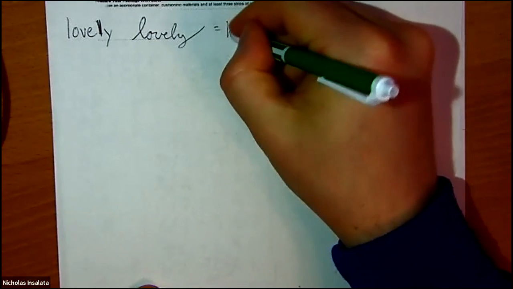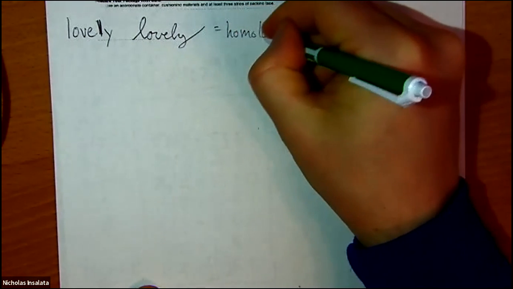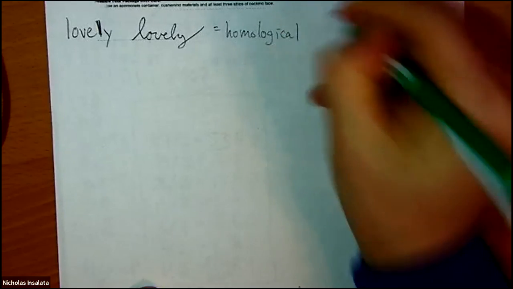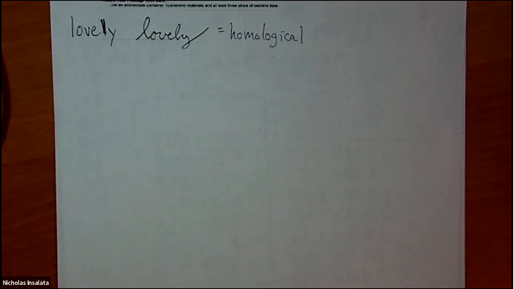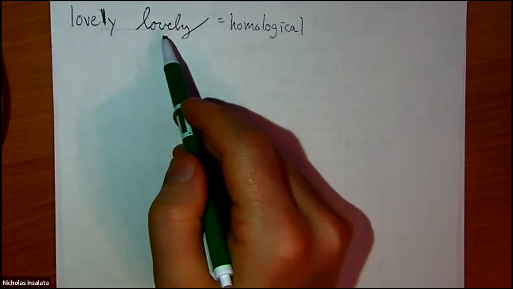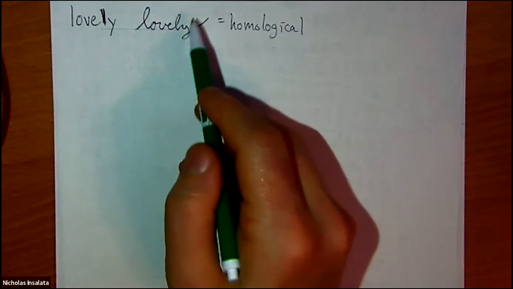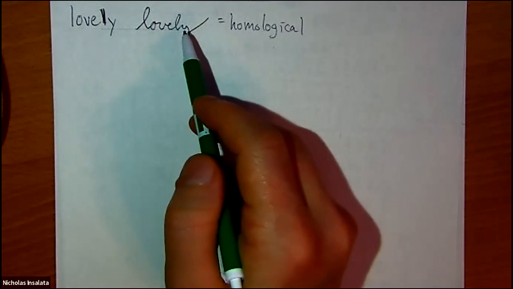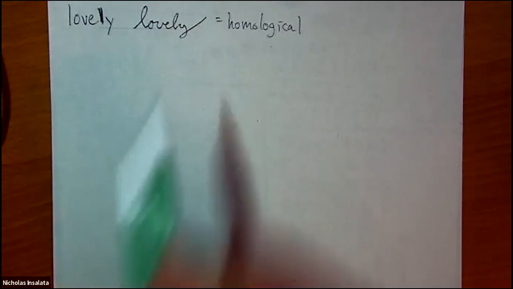Right, is that lovely? Right, so that would be homological, because the word describes itself. This arrangement of lines and curves is itself lovely, just as the word is.